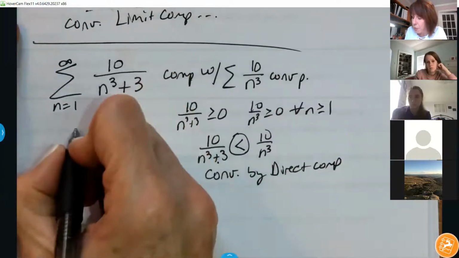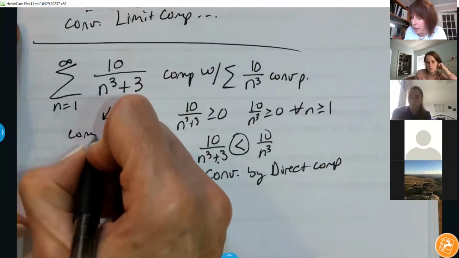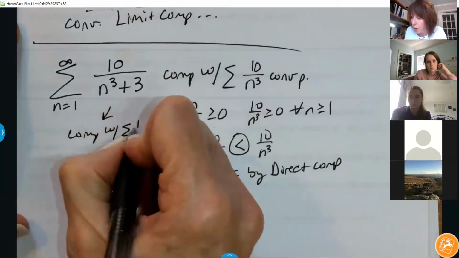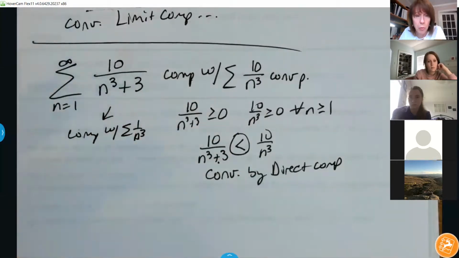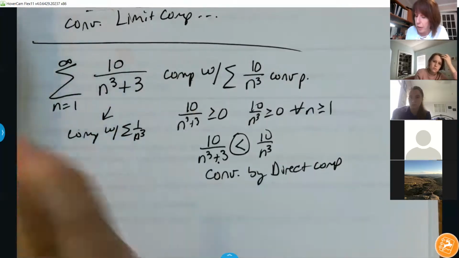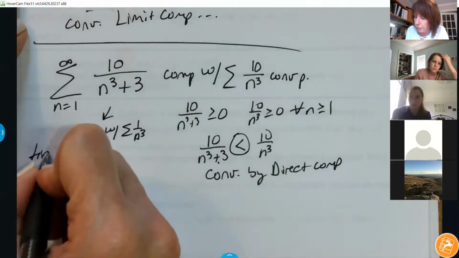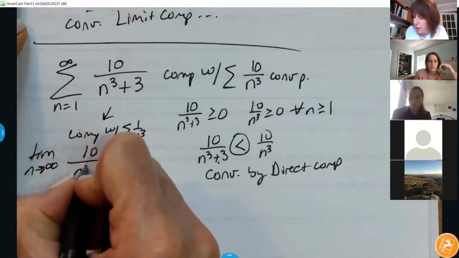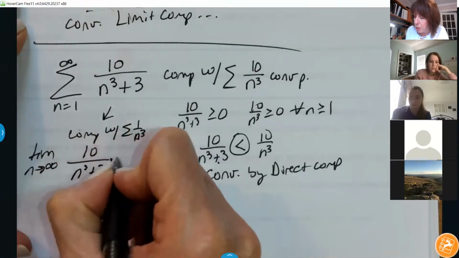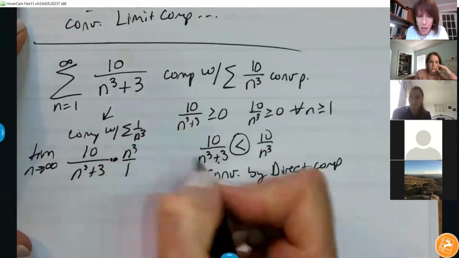If I was doing the limit, I would just compare it with 1 over n cubed. Although I could compare it with 10 over n cubed, I would just compare it with 1 over n cubed. And then you'd be multiplying by n cubed over 1.